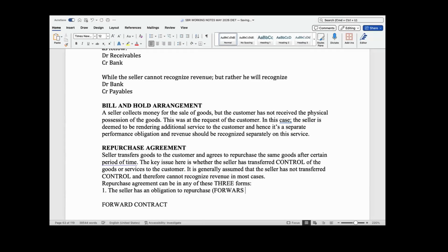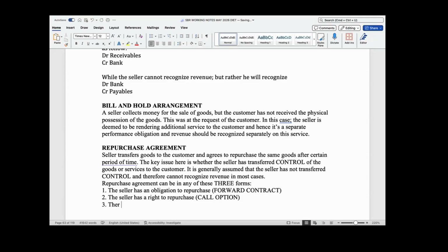We call this a forward contract. Number two, the seller has a right to repurchase. We call it a call option.